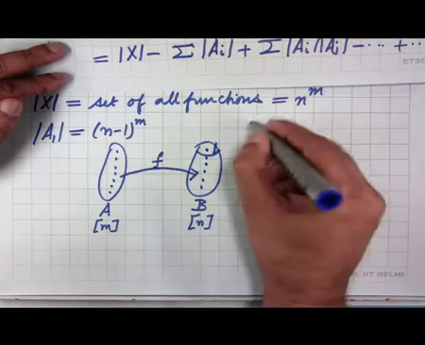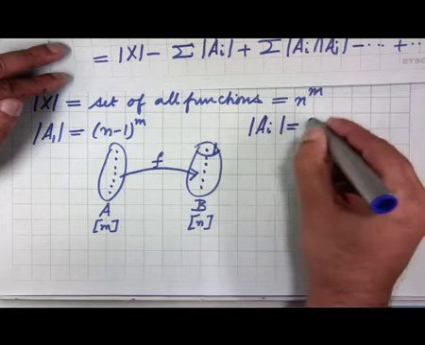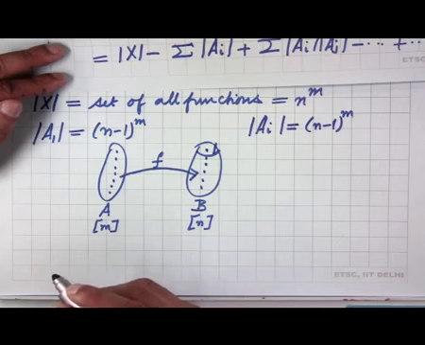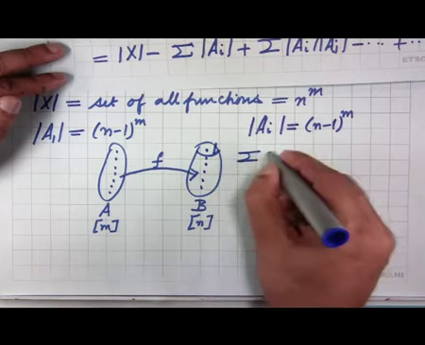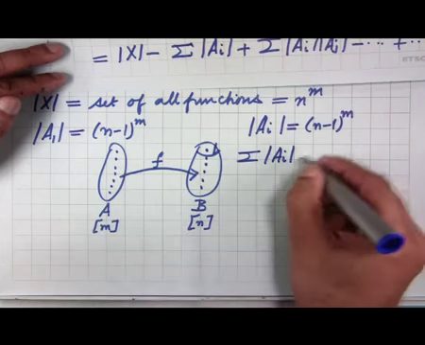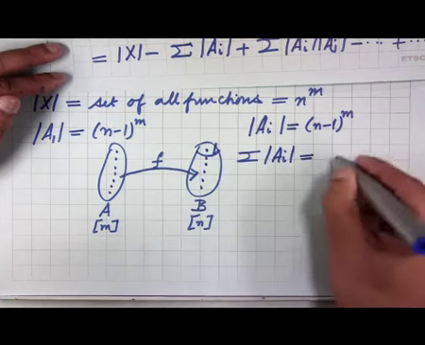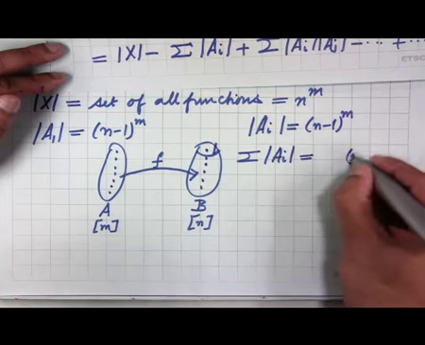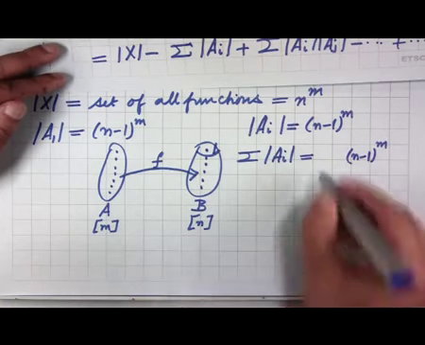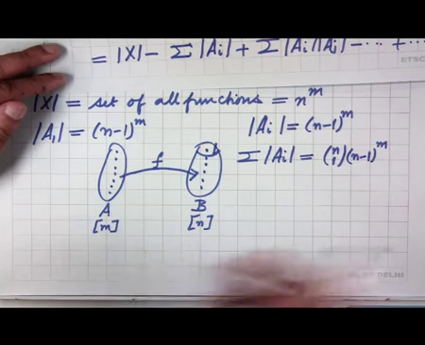I could argue that for each AI, the number of elements is n minus 1 to the power of m. And therefore, the contribution to the sum AI, taken one at a time, is simply the total number of such sets multiplied by n minus 1 to the power of m. And the total number of such sets is n choose 1, or n, because there are n sets A1 to AN.